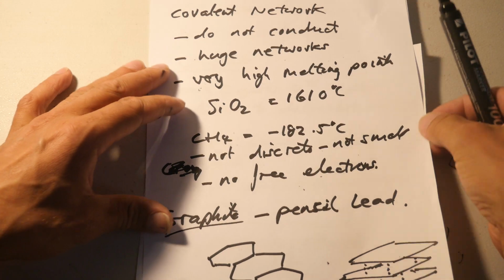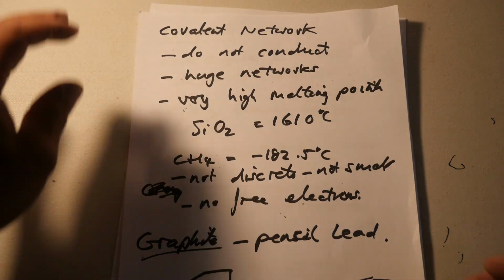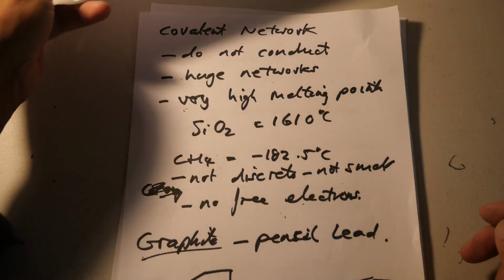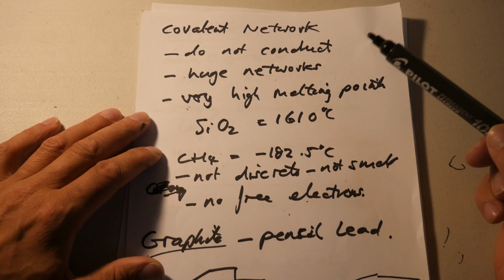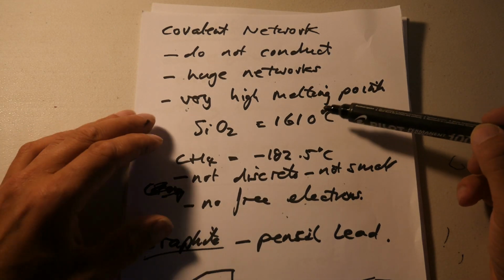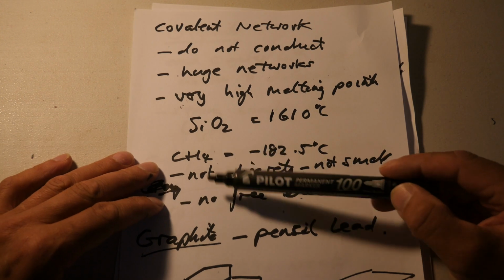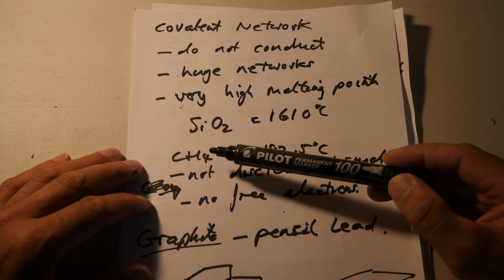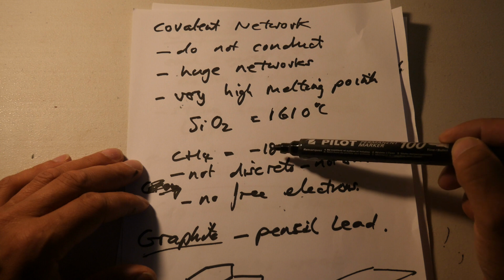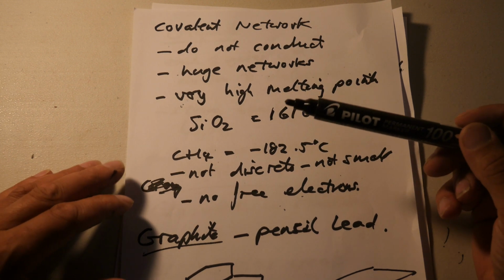Covalent networks do not conduct electricity. They have very high melting points. Silicon dioxide melts at around 1,610 degrees centigrade, compared to methane, which I mentioned is a covalent molecule and melts at minus 182 degrees centigrade, which is why it's a gas at room temperature.